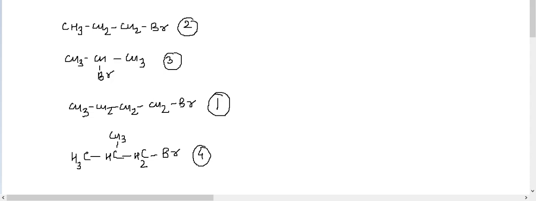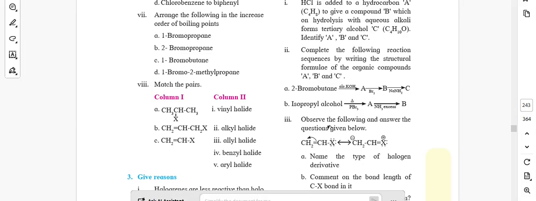The molecules come closer and the rate of heat transfer is higher, so we need to give less heat to boil the compound, and that's why it has a lower boiling point. So the sequence is 1-bromobutane, then 1-bromopropane, then 2-bromopropane, and then 2-methyl-1-bromopropane.